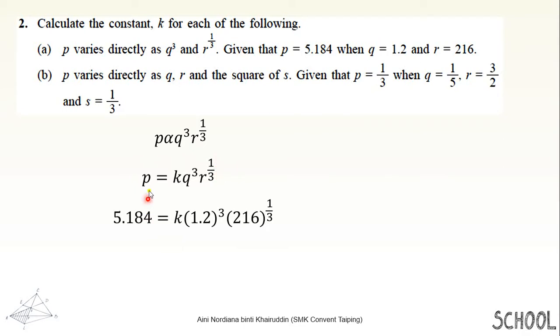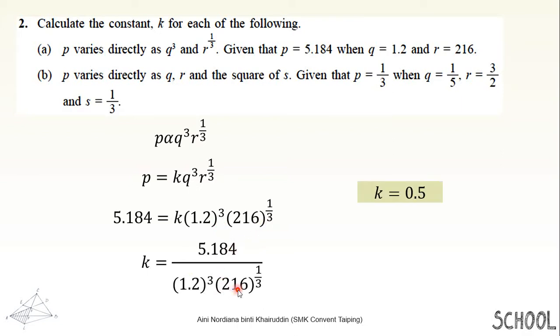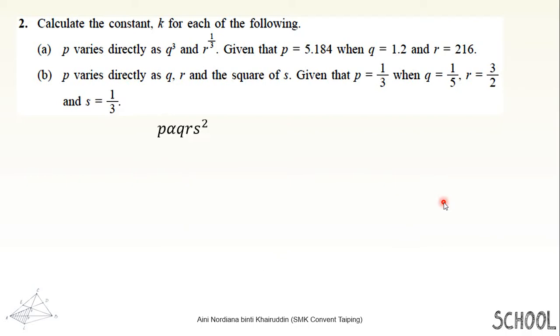Substitute the value of P, the value of Q and the value of R. Then by using your calculator, you can calculate this and then you will get the value for K. This is for A. Next to B, P varies directly as Q, R and the square root of S. Next, write in equation form.